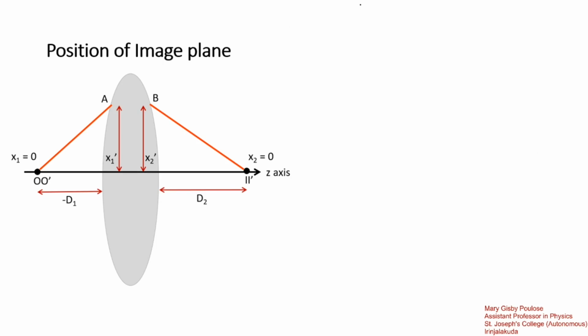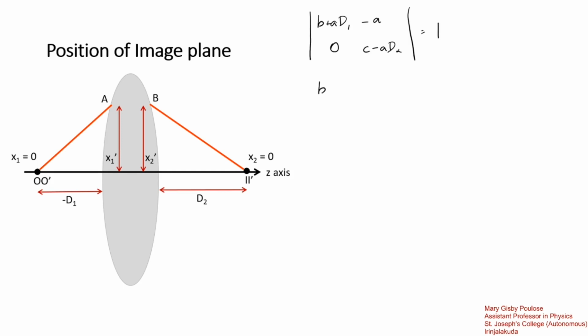Now, by property of the matrices in optics, I can write the determinant of the system matrix for the image plane to be equal to 1. That is, determinant of b plus a d1, minus a, 0, c minus a d2 is equal to 1.